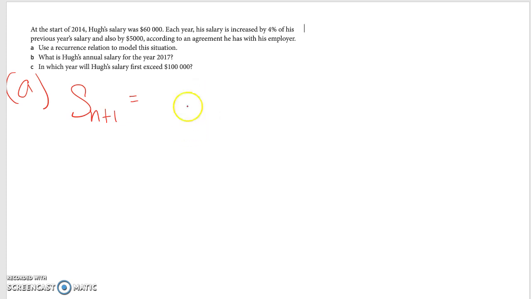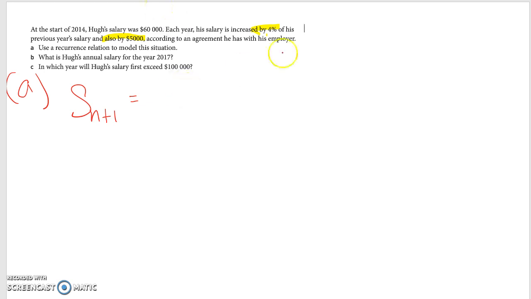But how do we figure out how this right-hand side looks like? Well, first of all, we know that it's increased by 4%, and then there is an additional $5,000. So these two things are very, very important pieces of information. So this increase of 4% and also by 5,000.